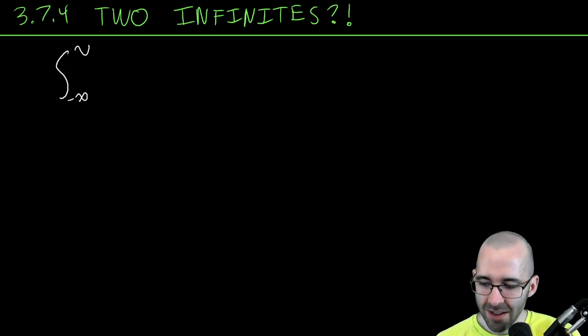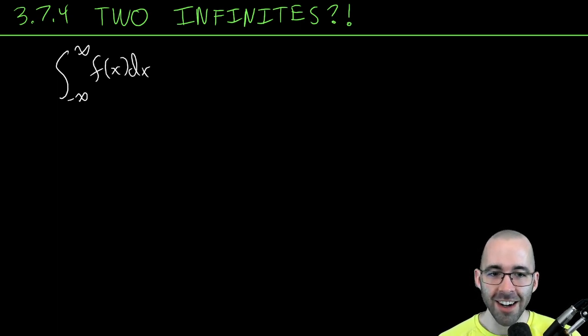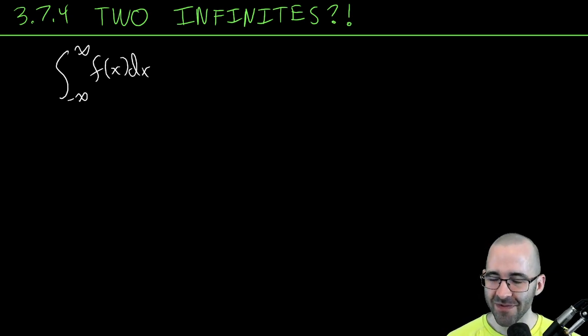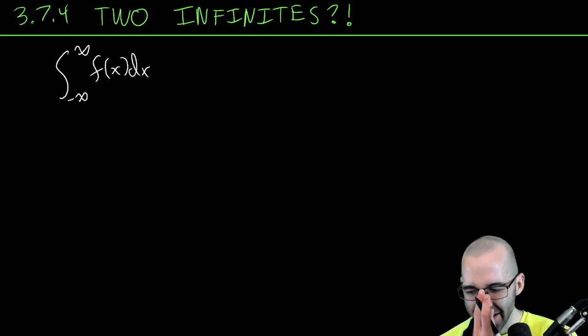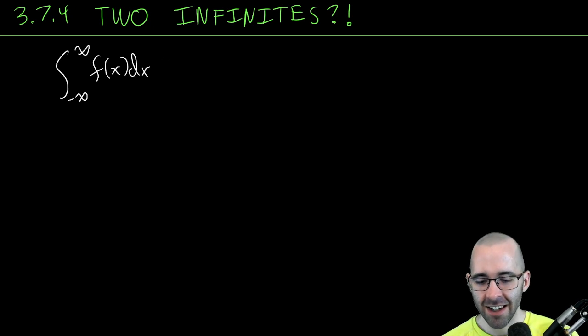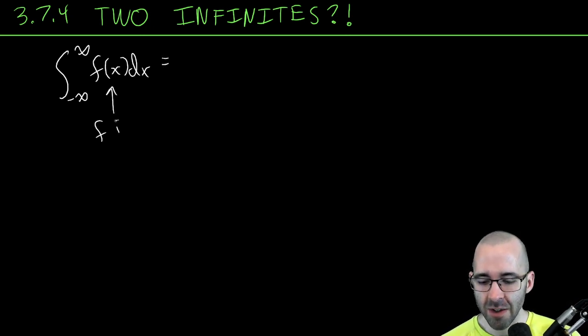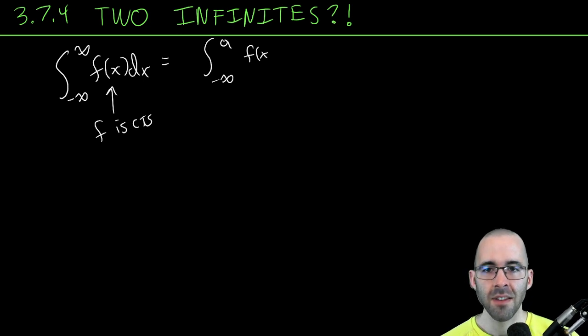So what happens if we got two infinities? The short answer is that look what we can do. Let's assume f is continuous. Well then, do you agree that this is true? Let's not use 0.